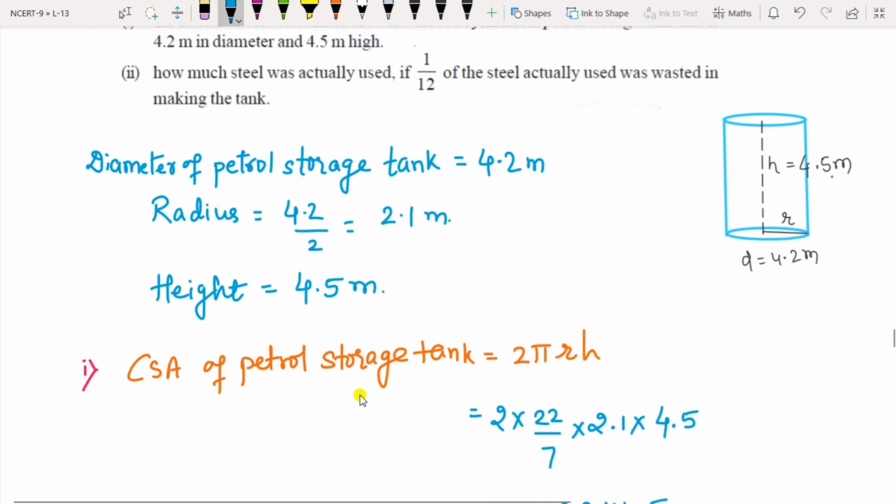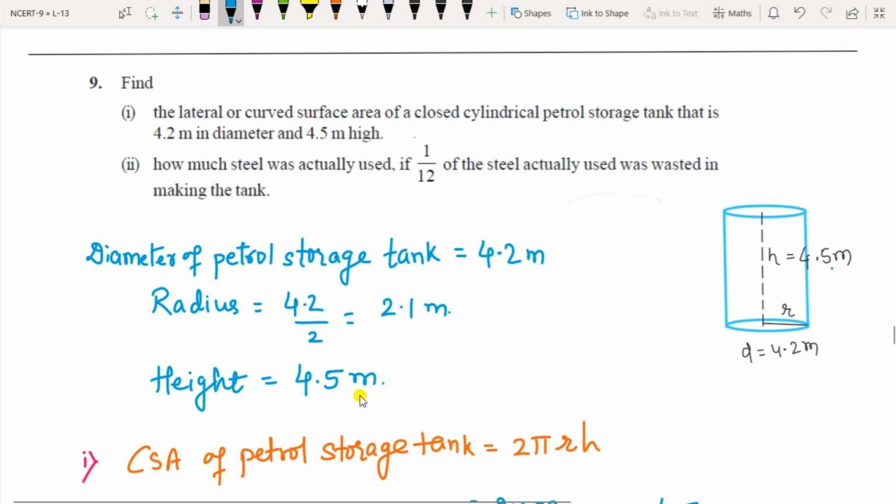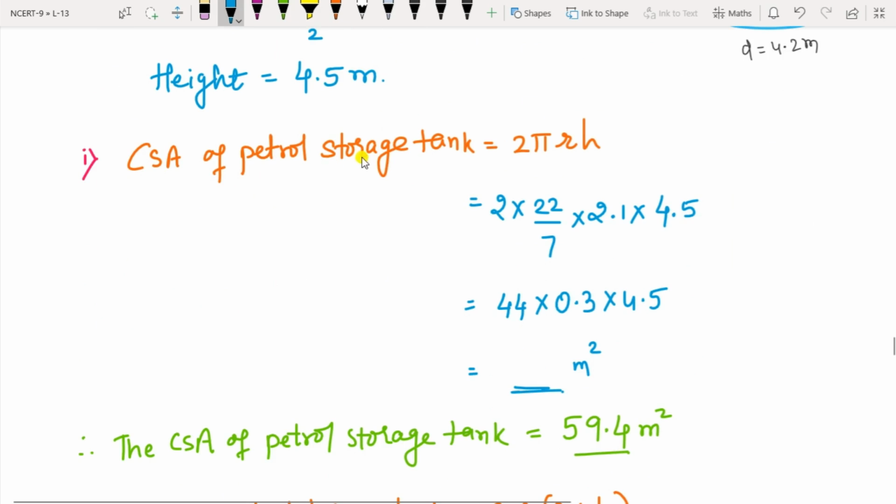Now first you have to find the curved surface area. They are asking here the curved surface area. So curved surface area of the petrol tank equals 2πrh. Substitute the values here. So the curved surface area here will be something like 59.4 meters square.